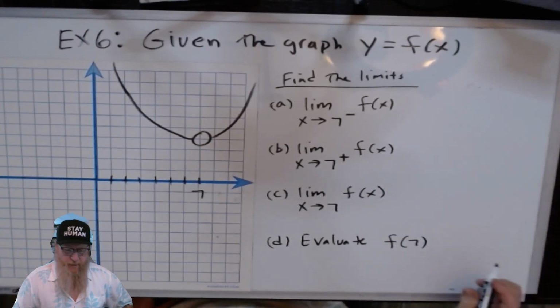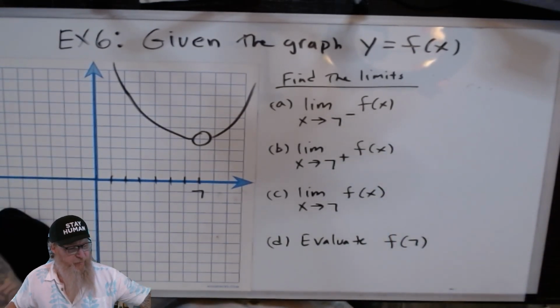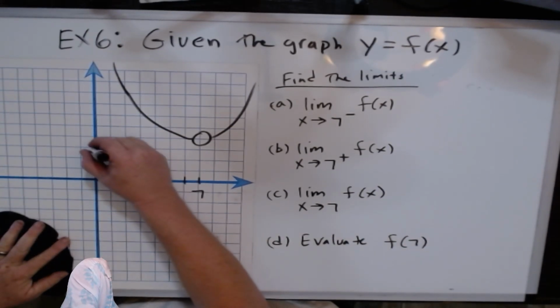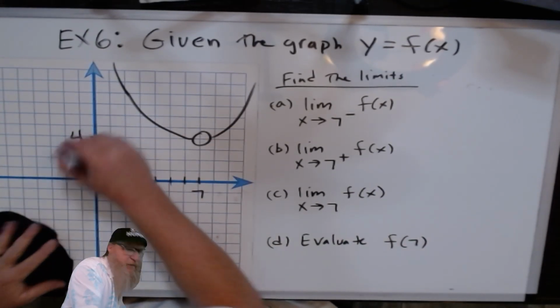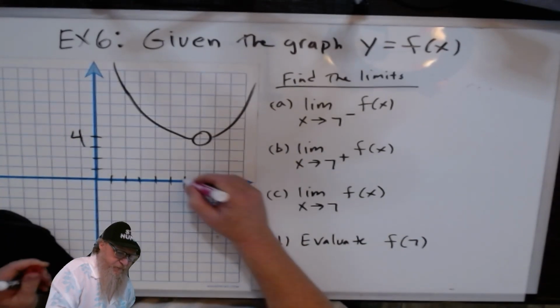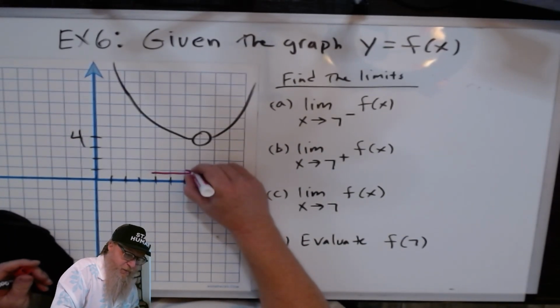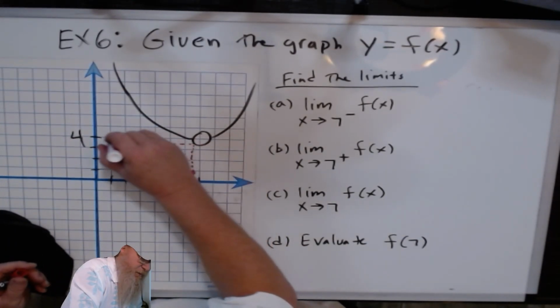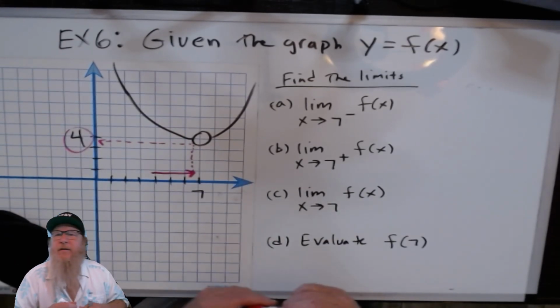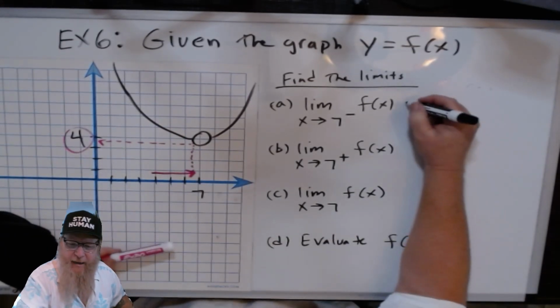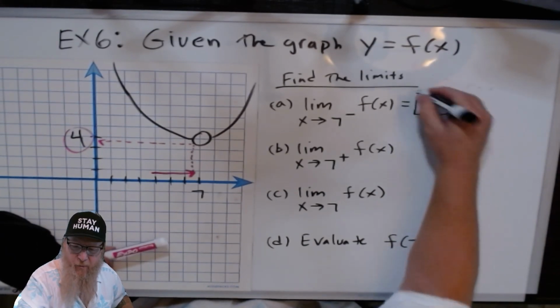All right. So the limit as we approach it from the left. Let's look for the y value. Y value looks like 4. So as we approach it from the left, the y value is 4.